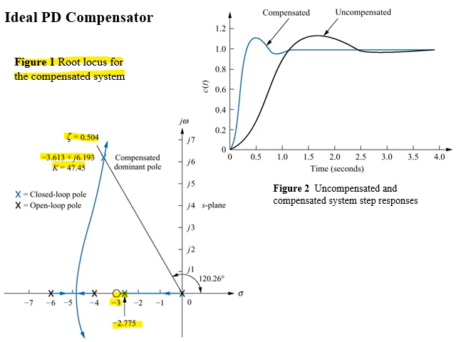And this can also be observed in figure 2, which represents the step response for both the compensated and uncompensated systems. You can observe a clear difference in the speed of response. The compensated system quickly stabilizes and enters the steady state, whereas the uncompensated system takes much more time.